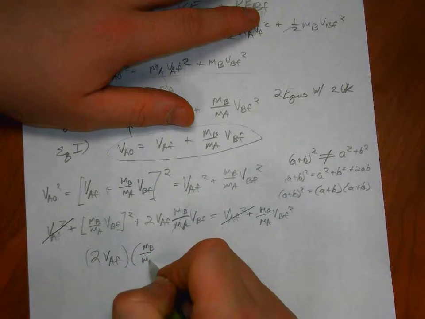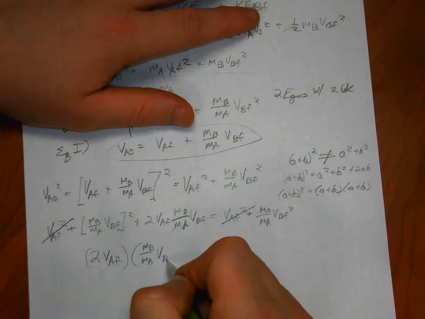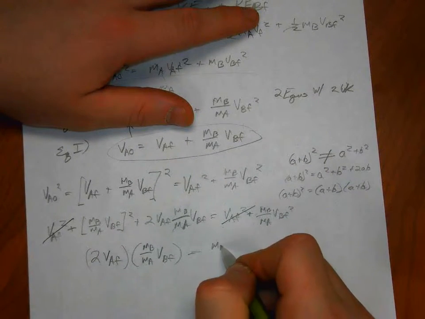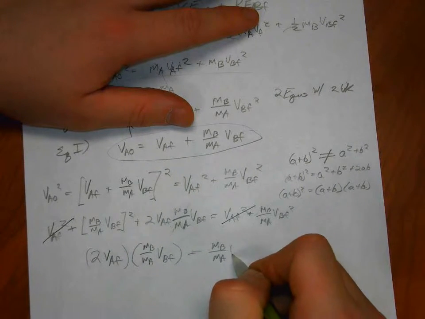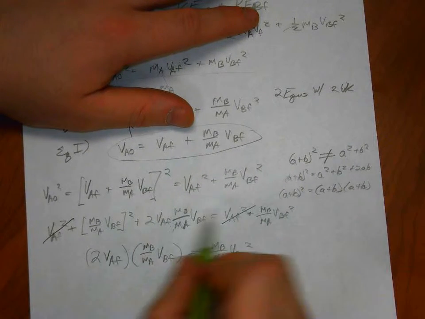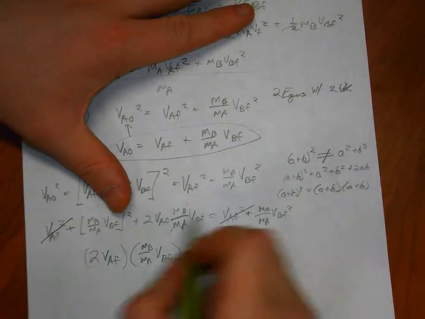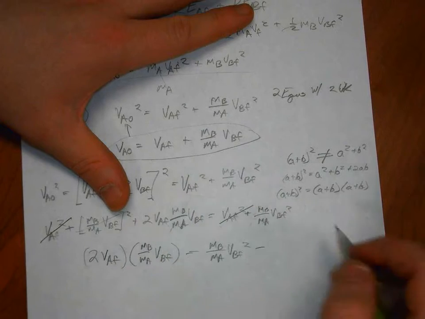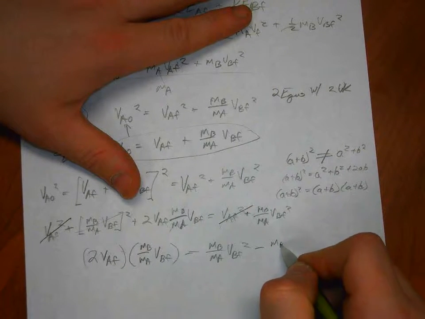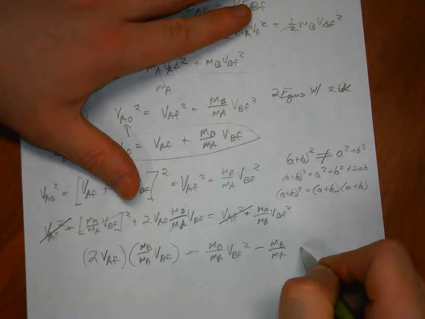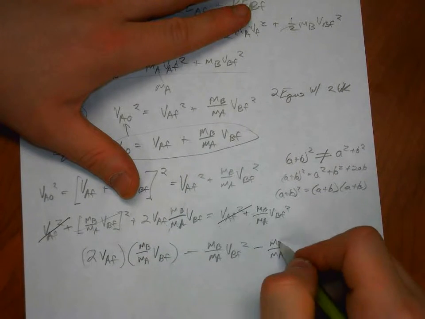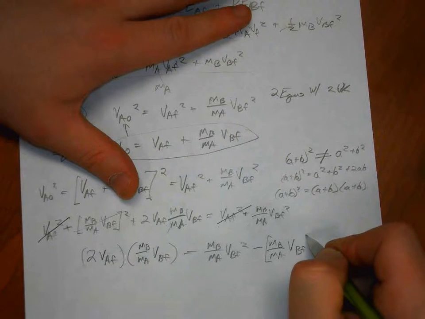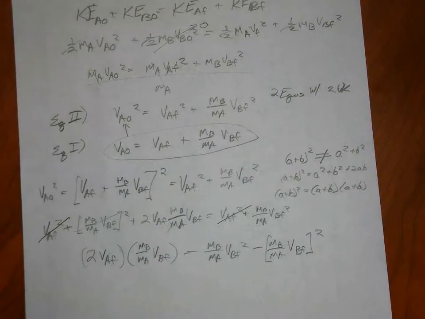MB over MA VBF equals MB over MA VBF squared, and I'm going to bring this term over, so it's positive here. I'm going to subtract it from each side, which would cancel that out, and that would give us minus MB over MA times VBF quantity squared.